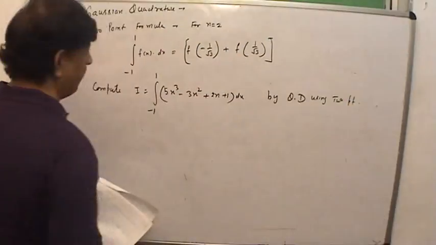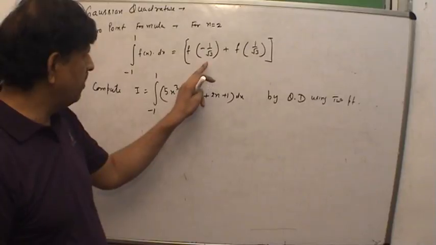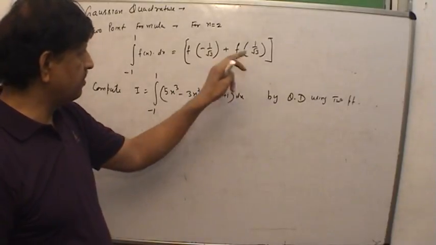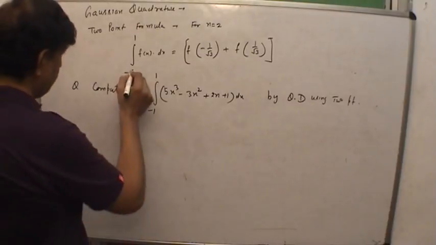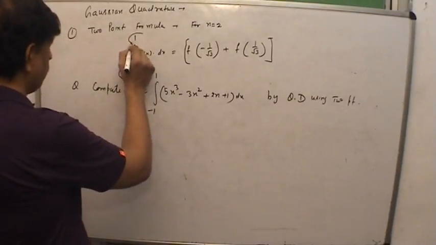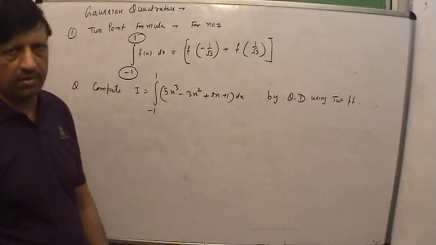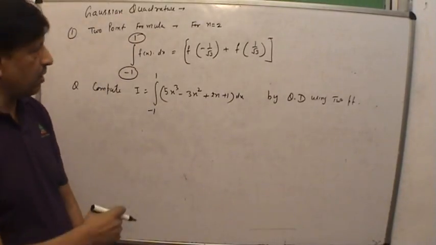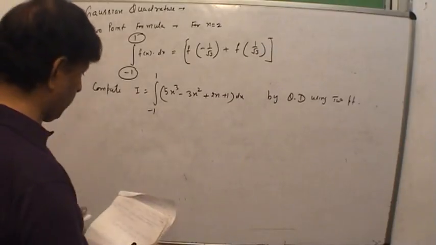That is a simple one. Nothing to do. We have to change the x with these values. It is only when these values are -1 to 1, they are in the standard form. If they are not in the standard form, then we will have to convert them into the standard form. That we will see in the next problem.